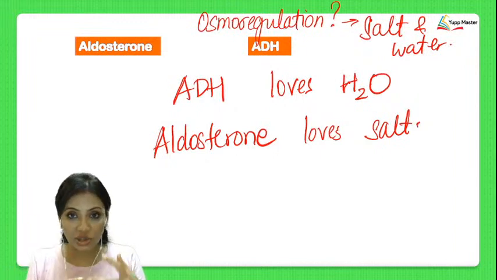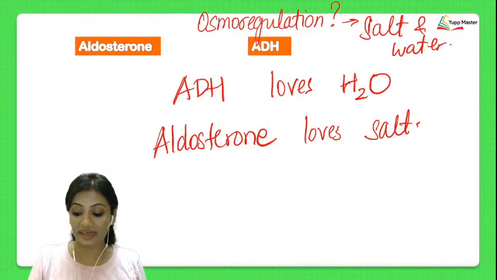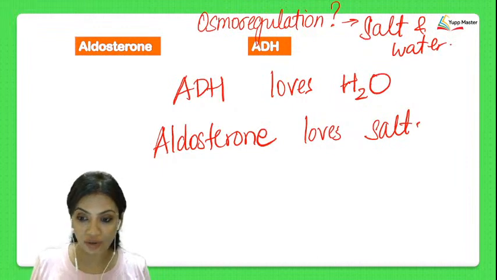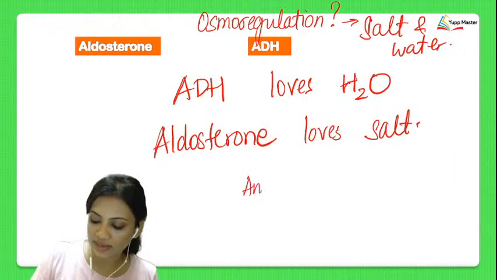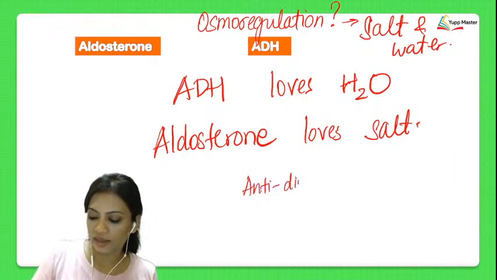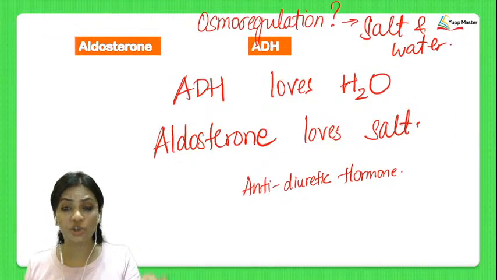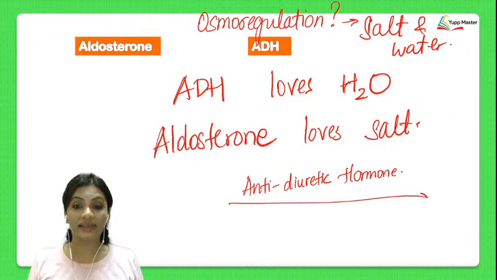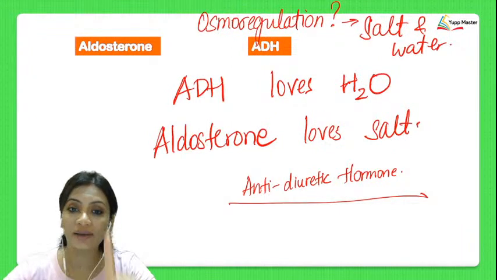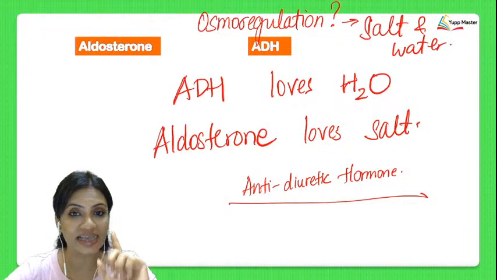And these two hormones, which two hormones? ADH. What does ADH stand for? ADH stands for antidiuretic hormone. In a little while, I'll explain to you why it is called an antidiuretic hormone. Right now I would just like you to understand that it is called ADH.